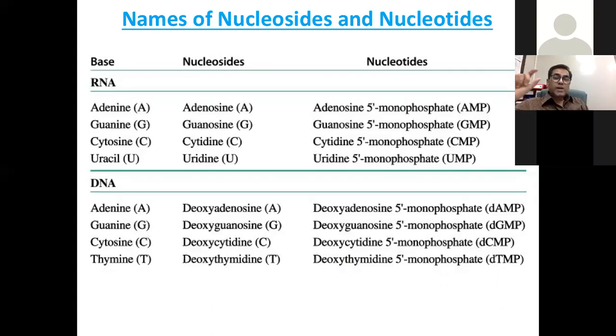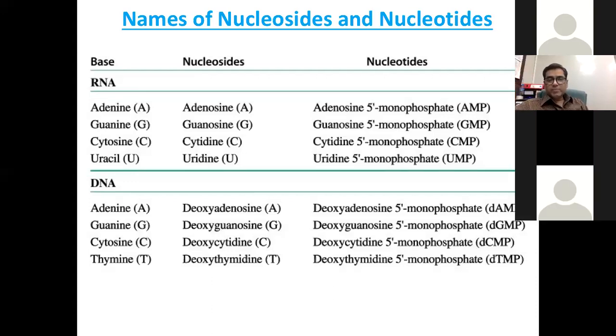But what do we have in the nucleoside? We only have a nitrogenous base and a pentose sugar. So if the structure is of RNA and the base present is adenine, and this adenine is attached with a pentose sugar but no phosphate, we will call it adenosine.